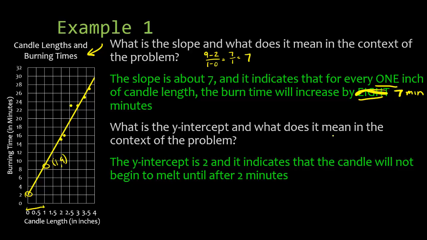So it takes about 2 minutes for the candle to start to melt. Okay, is that realistic? No, we have all seen candles and they melt right away. But as far as the context of this problem goes, it means that the candle doesn't start to melt until 2 minutes have passed. Okay, that's basically it.